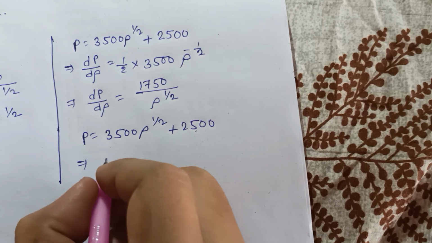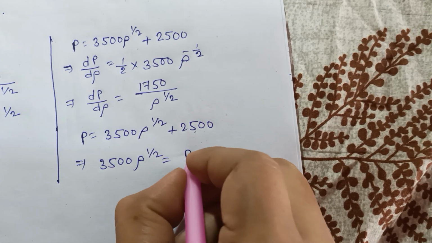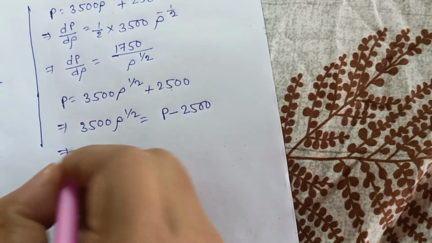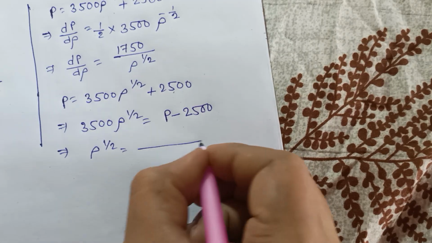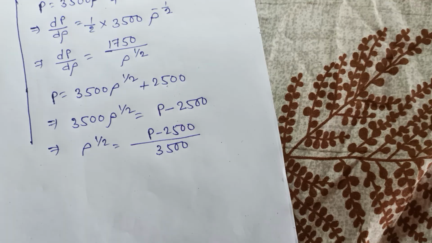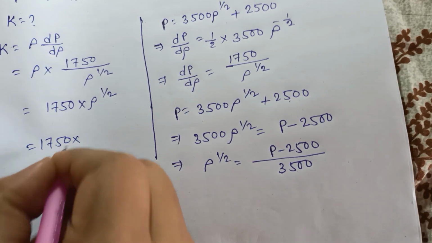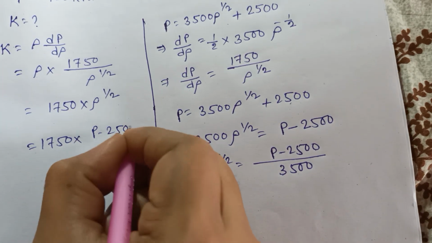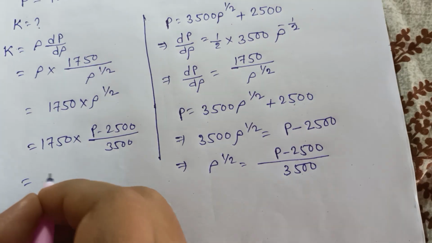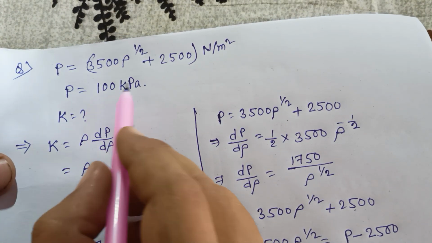So 3500 rho to the power half is equal to P minus 2500, so rho to the power half is equal to P minus 2500 by 3500. Putting the value here, 1750 into P minus 2500 by 3500. So from here, 1750 into, what is the value of P? That is 100 kilopascal.